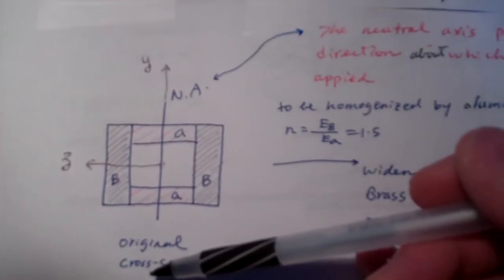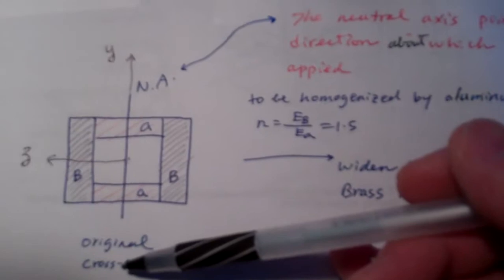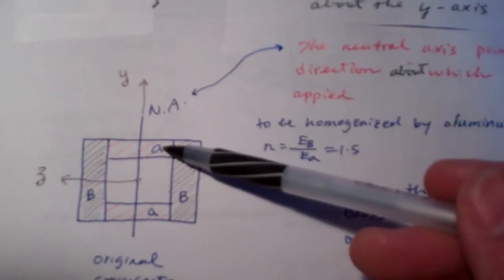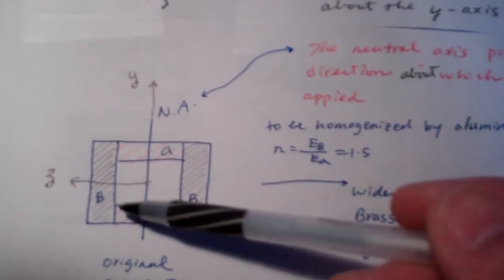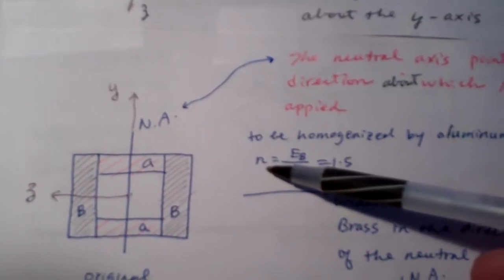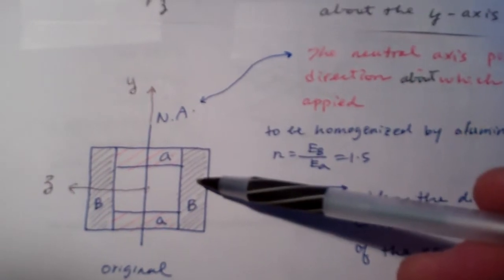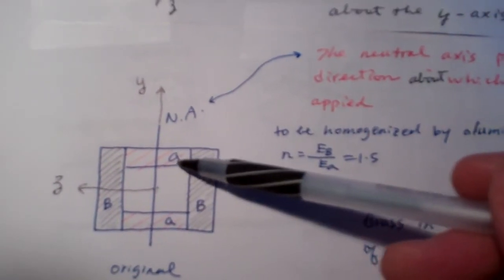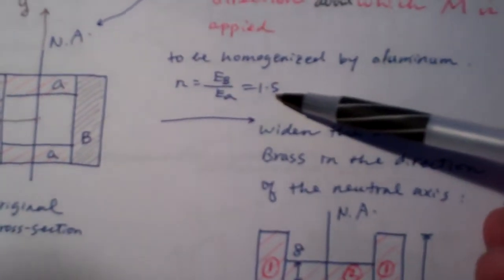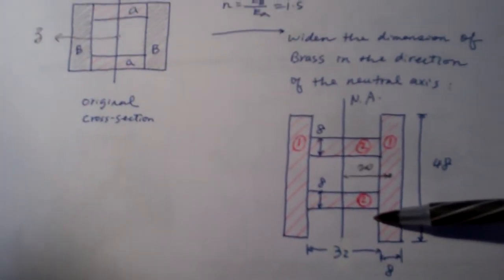The next step, we obtain the transformed cross section. For example, if I choose aluminum as the base material to homogenize the whole cross section, we first calculate the scaling factor n, obtained by dividing the material to be transformed by the base material, which is E_B divided by E_A, 1.5. This is the cross section of the transformed shape.